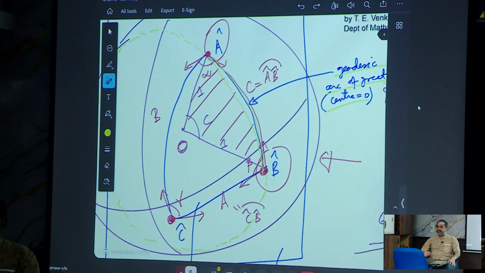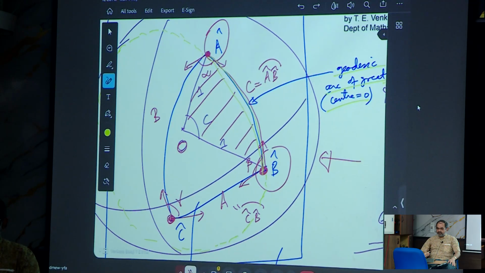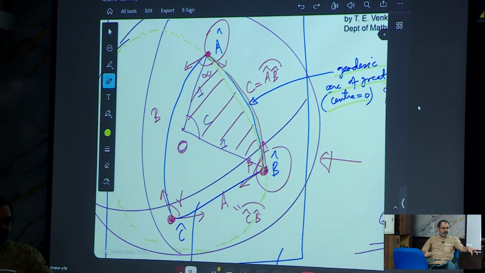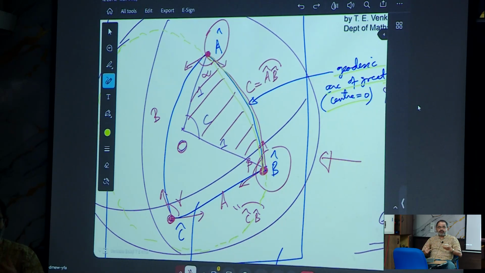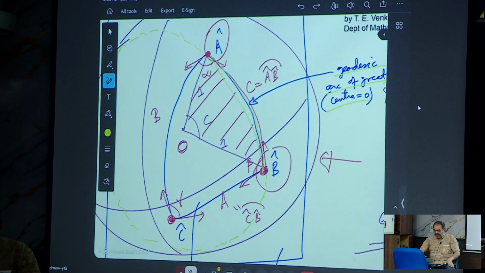So this is a spherical geodesic triangle. The analog of an ordinary triangle in the plane, on the sphere, is a spherical geodesic triangle. Okay, and then now everything is fine.